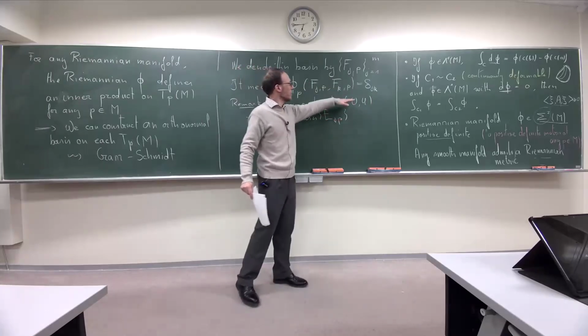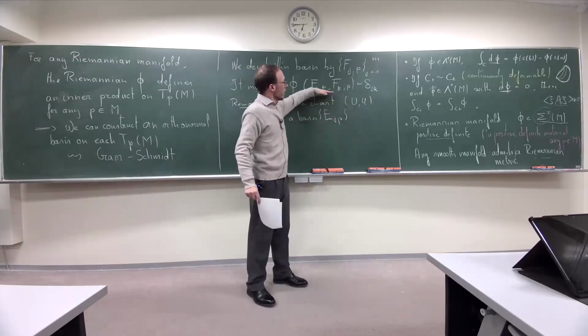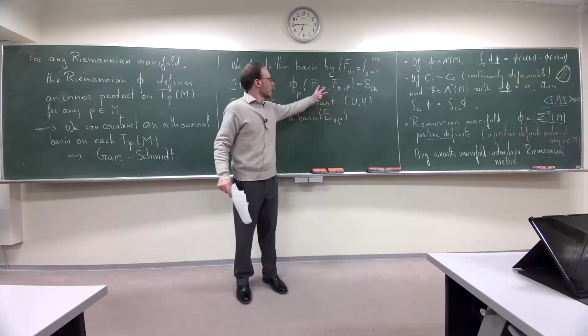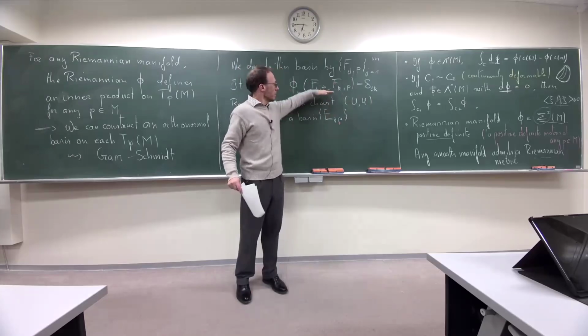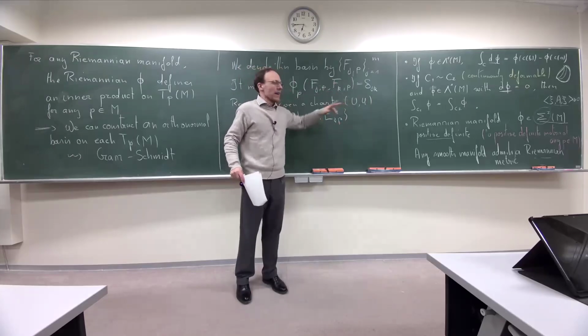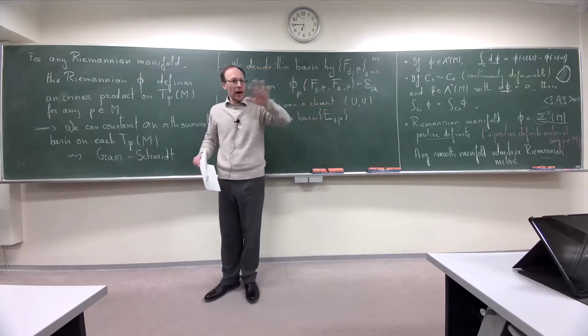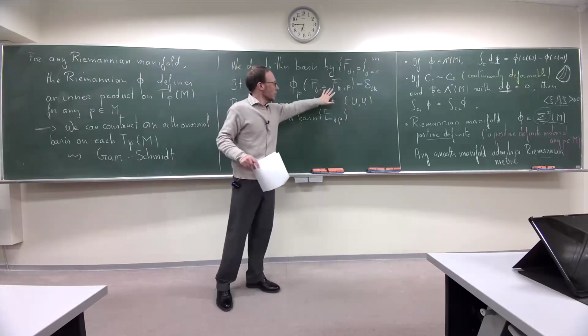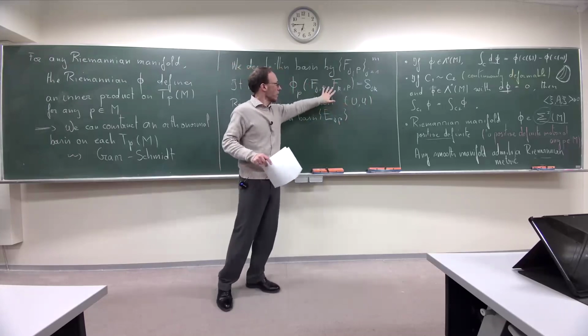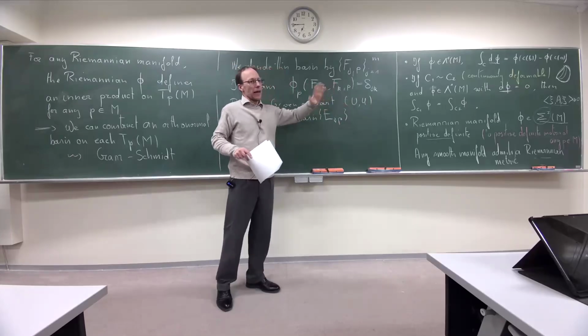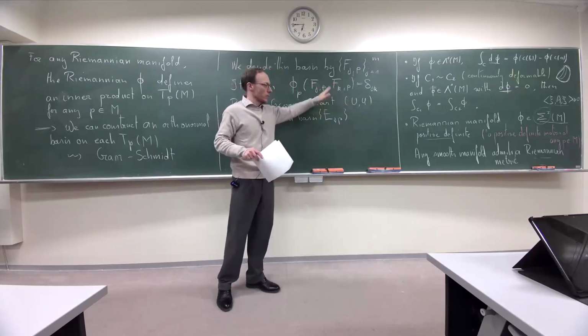Now, if you construct an artificial orthonormal basis based on this, it's not clear that you keep this smoothness. So you may have something which is not smooth. So I'm not going to say that this orthonormal basis has any continuity or any smoothness when you move on p.